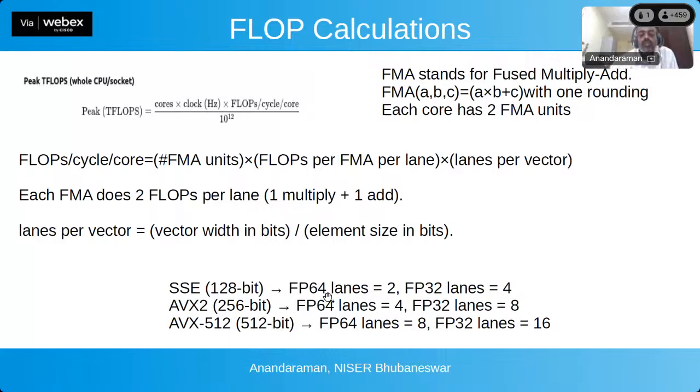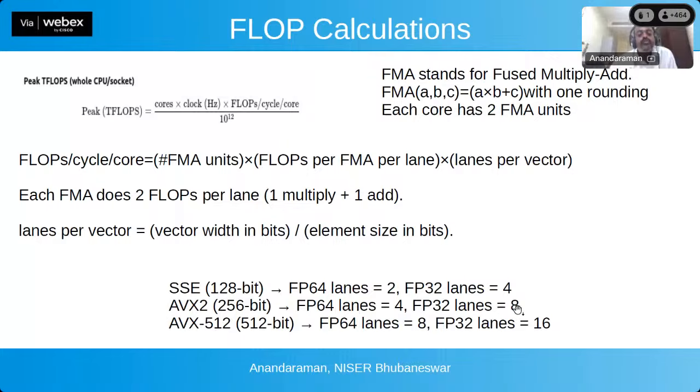So with 128 bits, it's two lanes, because 128 has two 64s. That means you can do two double precision operations. If it is 32 bit, it can handle 4 lanes. If it is AVX2, it is 256 bit, so you can do 4 double precision floating point operations, or 8 if it is single precision.